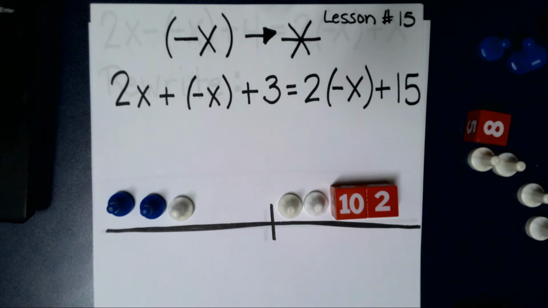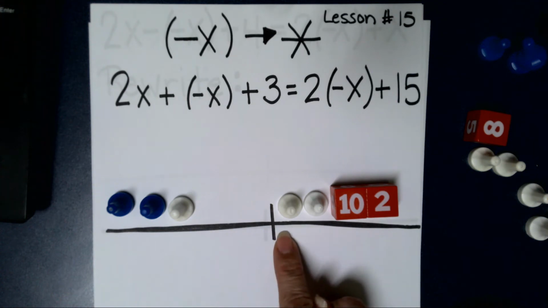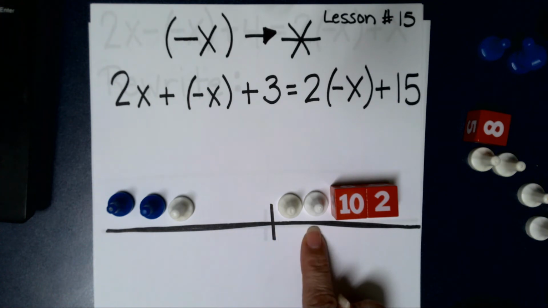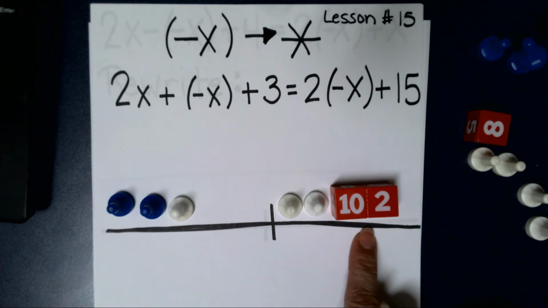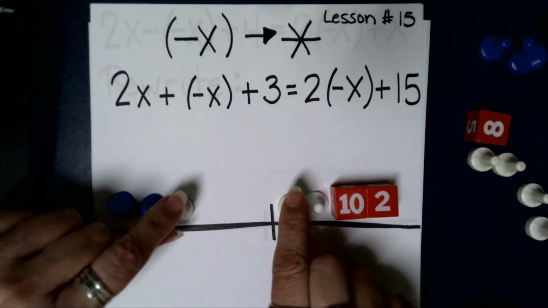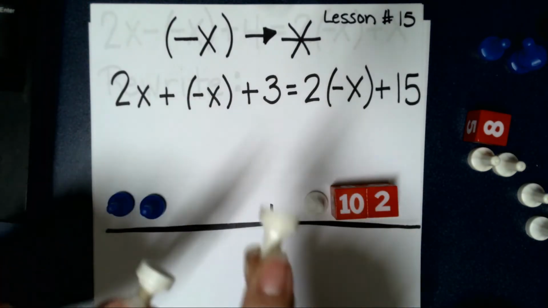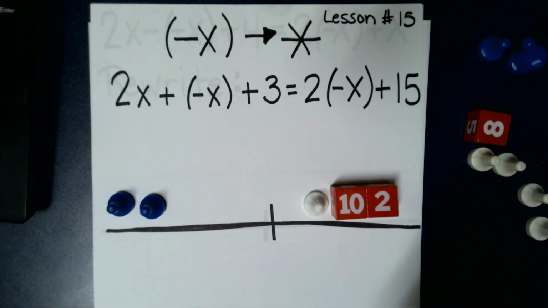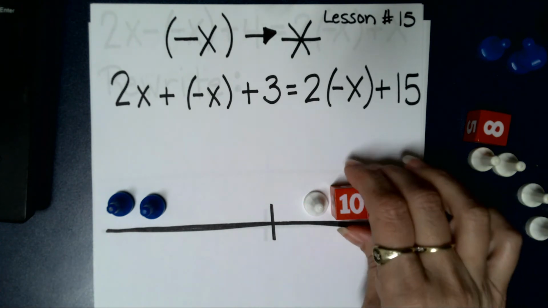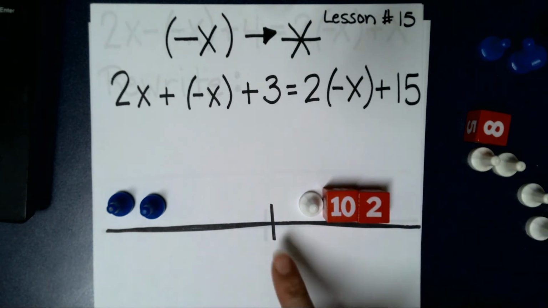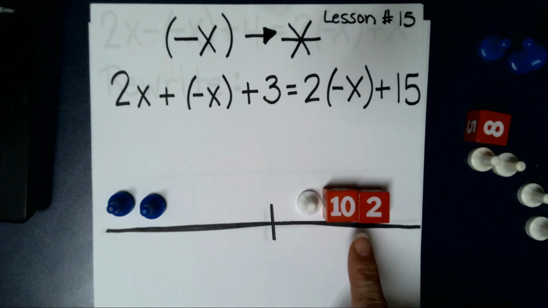Now I see that where we have our number cubes, where we have the 12, we also have two stars. I need to get rid of those two stars so that my number cubes are by themselves. In order to do that, I am going to take one star away from each side of the balance, and that gets me closer to where I need to be.